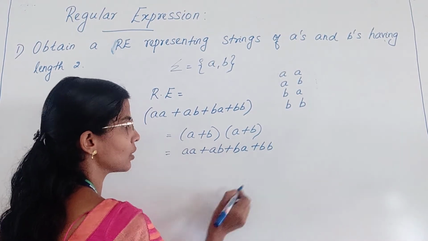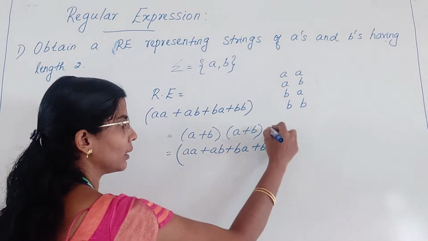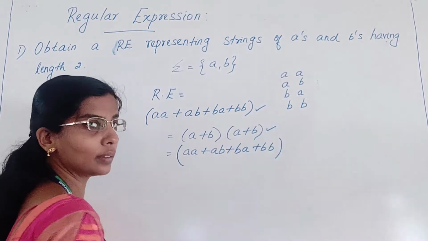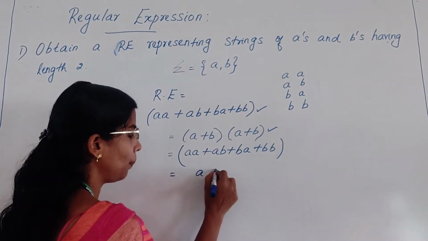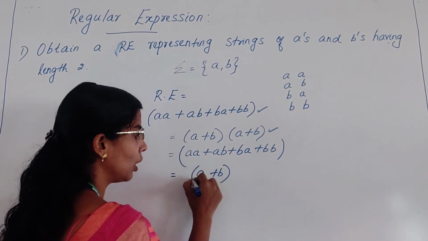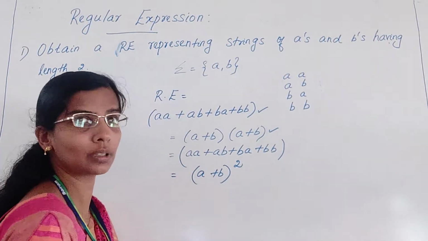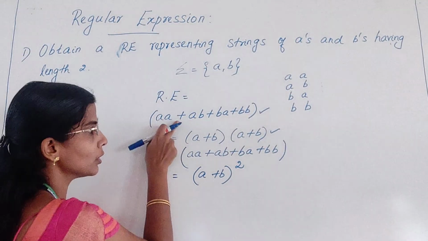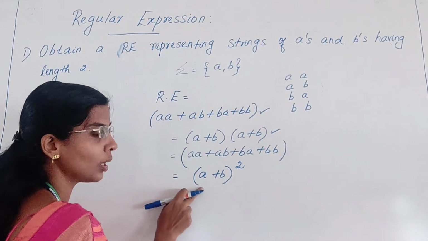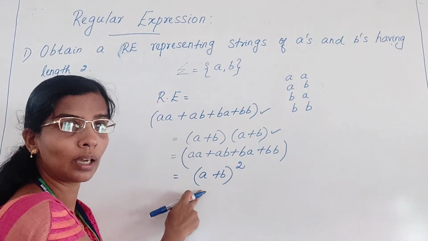You get the same answer. So either you can write like this or like this. Otherwise, you can write A plus B how many times? 2 times. So your answer you can write in this form or this form or this form. All three are correct.